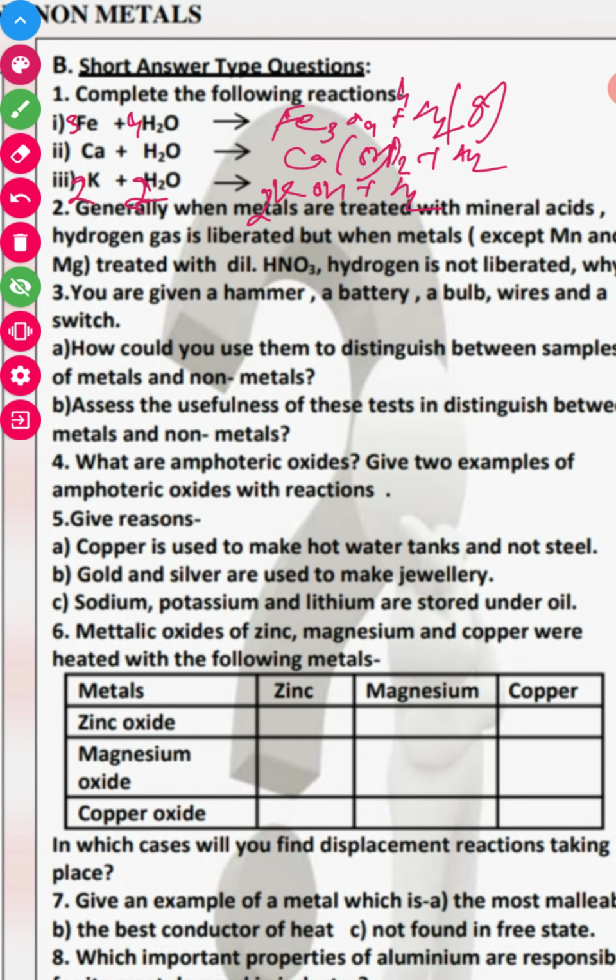You are given a hammer, a battery, a bulb, a wire, and a switch. How could you use them to distinguish between samples of metals and non-metals? If we have an object like this, here we have the battery, then this is the switch, and this is the bulb.